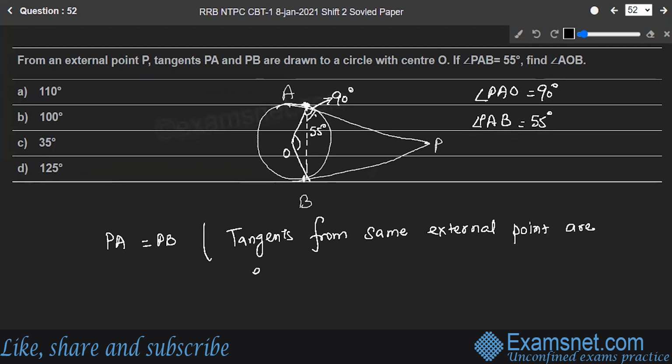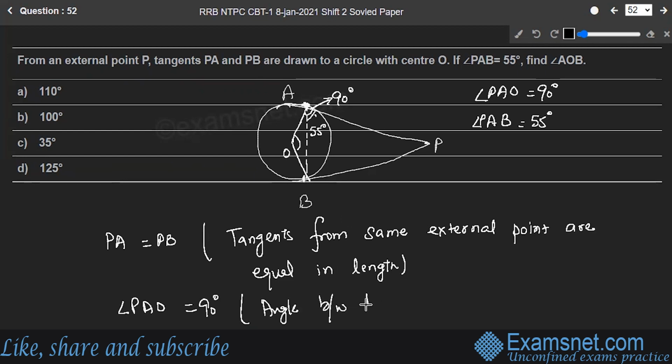Second, angle PAO is equal to 90 degrees. The angle between a tangent and the radius of a circle is 90 degrees. All right, so these two things are there.